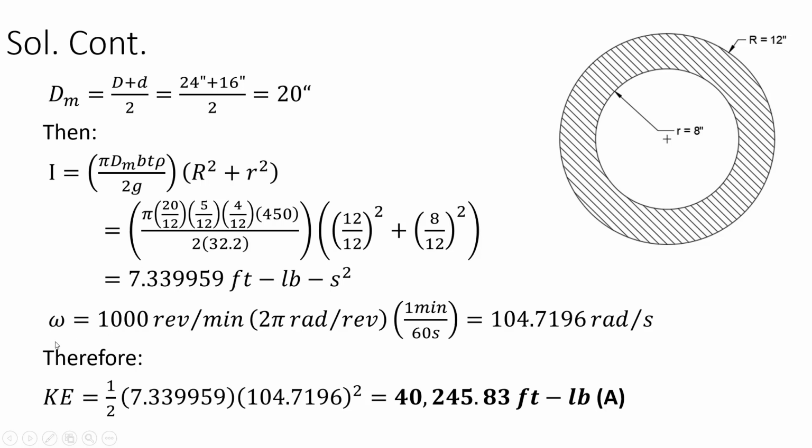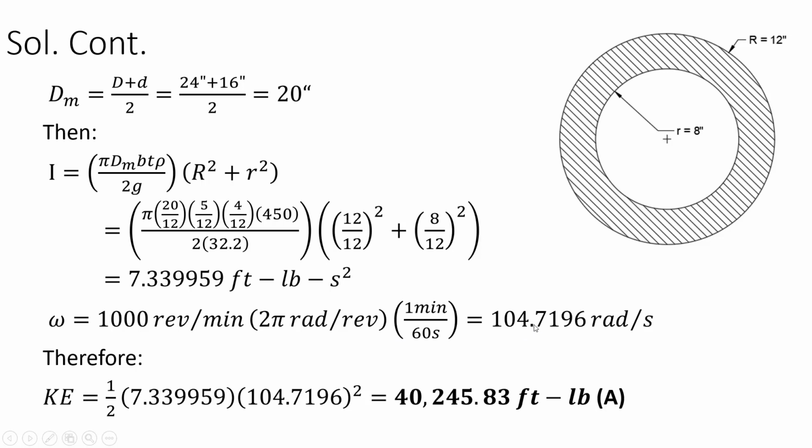Next we need to convert the angular velocity from revolutions per minute, or RPM, to radians per second. Since there are 2 pi radians per revolution and 60 seconds per minute, multiplying this to 1000 revolutions per minute, we get 104.7196 radians per second.